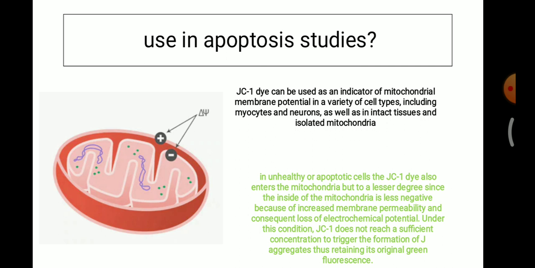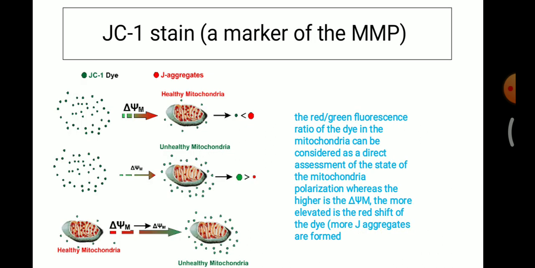In unhealthy or apoptotic cells, the JC1 dye also enters the mitochondria, but to a lesser degree, since the inside of the mitochondria is less negative because of increased mitochondrial membrane permeability and consequent loss of electrochemical potential. Under this condition, JC1 does not reach a sufficient concentration to trigger the formation of J aggregates, thus retaining its original green fluorescence.